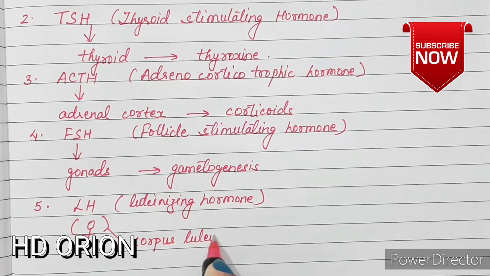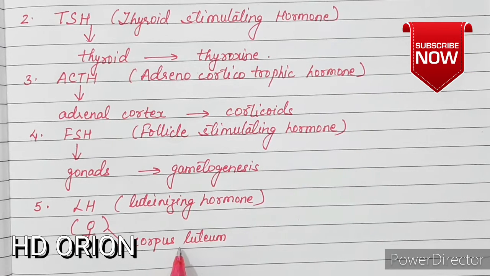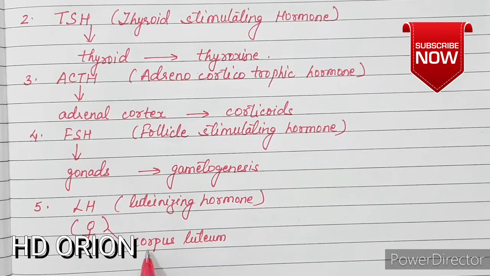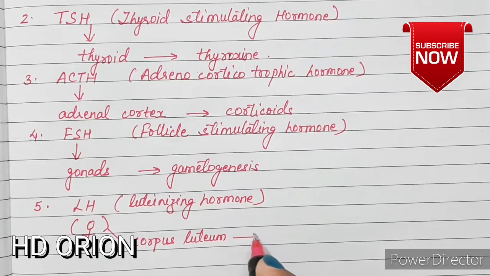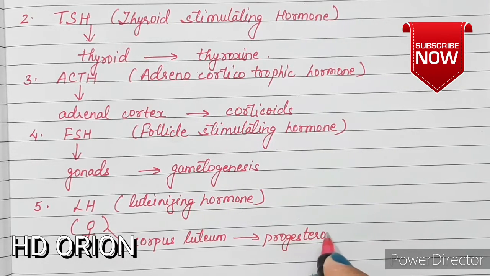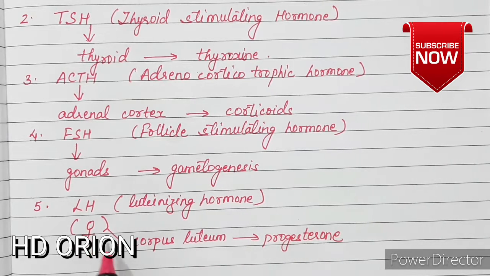The corpus luteum is the remnant of the Graafian follicle. The Graafian follicle releases the secondary oocyte during ovulation, and the remnant of the Graafian follicle turns into the corpus luteum, which becomes endocrine in function and releases the hormone progesterone. So, this is only in females.